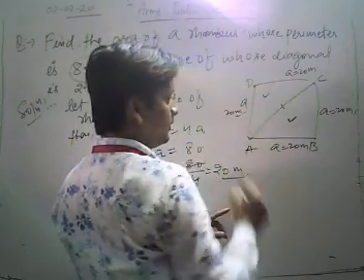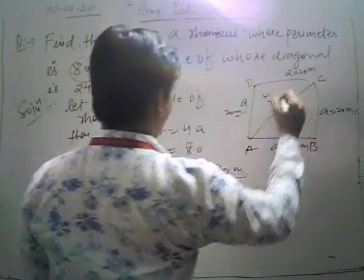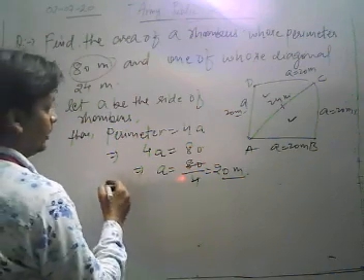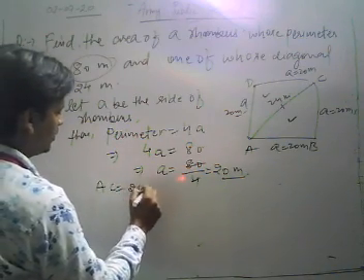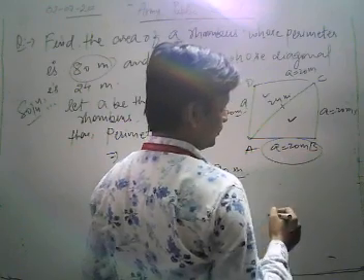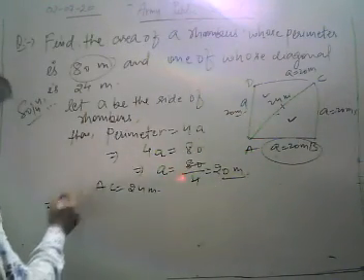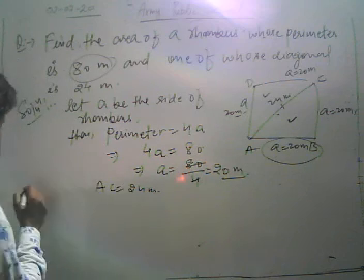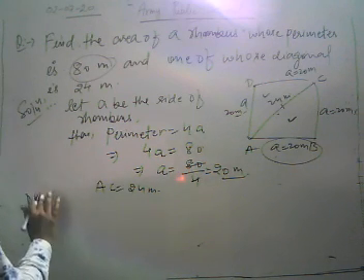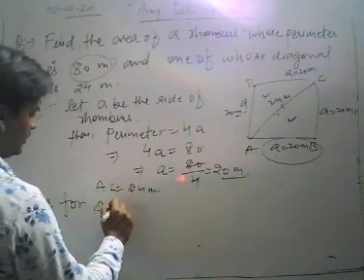And one diagonal is 24, that is diagonal AC is equal to 24 meter. Now here all three sides of triangle ABC are given.